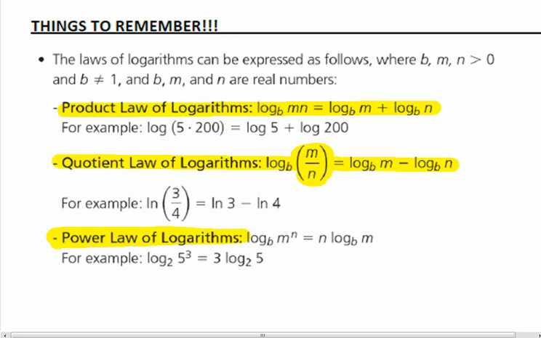So for example, log of 5 times 200 is equal to log 5 plus log 200. We're usually going to go from this direction to this direction, because it is easier to express it all as one log. We're going to use that to solve for the inside later on. This is just the basic version, and we're going to expand upon that in the next couple days.